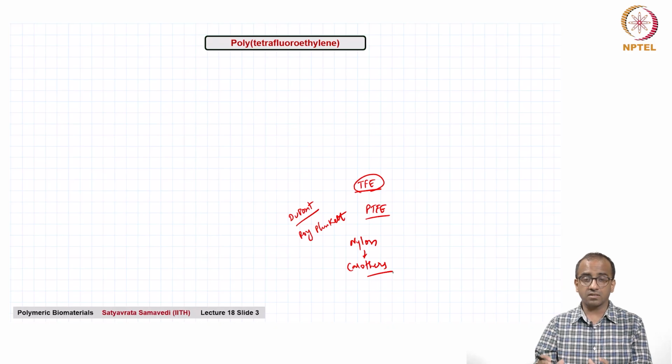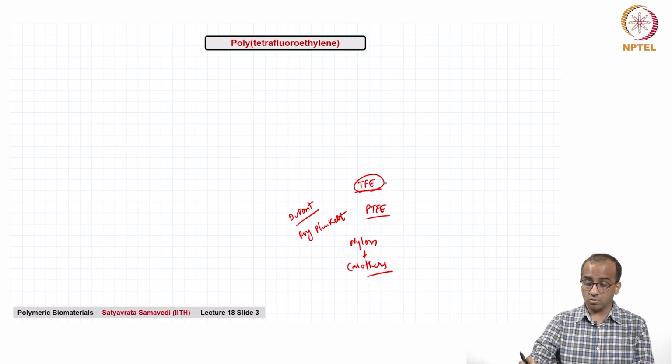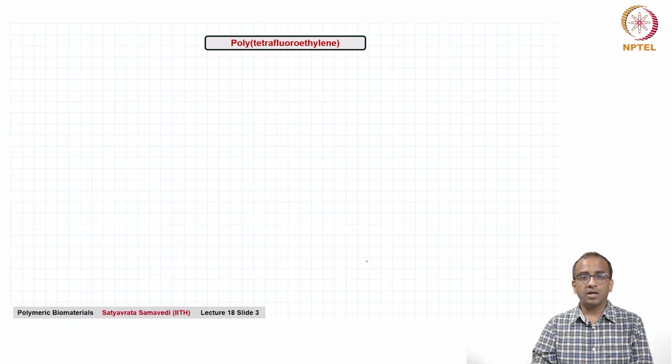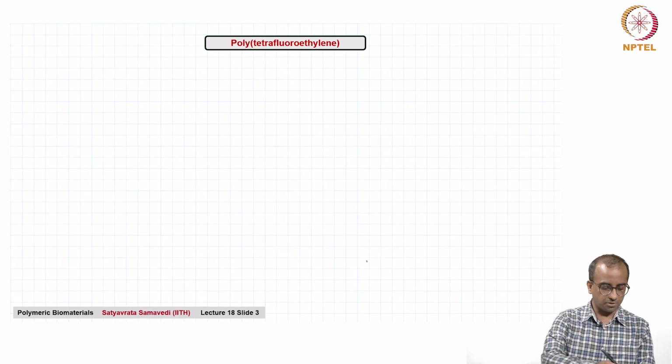So, that period, the 30s, 40s and 50s, was a very important period for the development of many of the polymers that we still continue to use today. So, with that very brief history of PTFE, we now move on to looking at structure property relationships in this polymer.